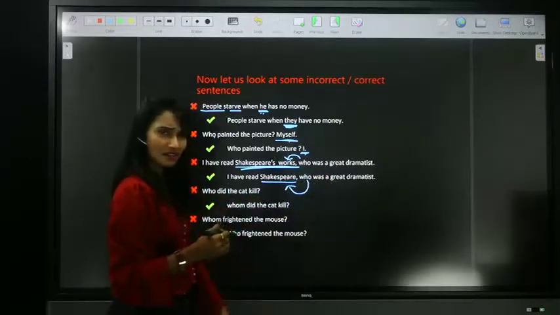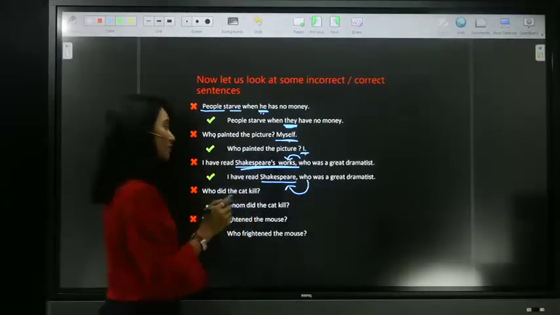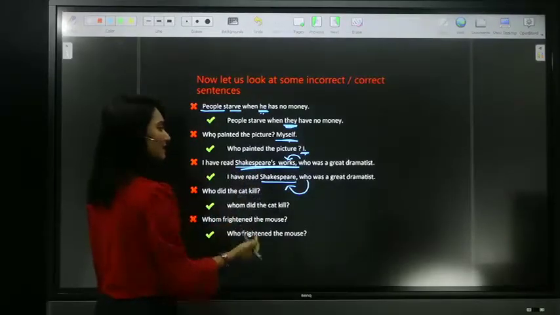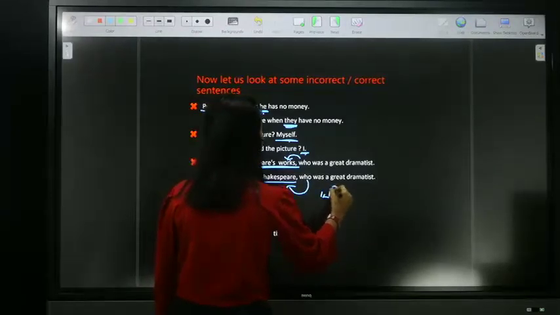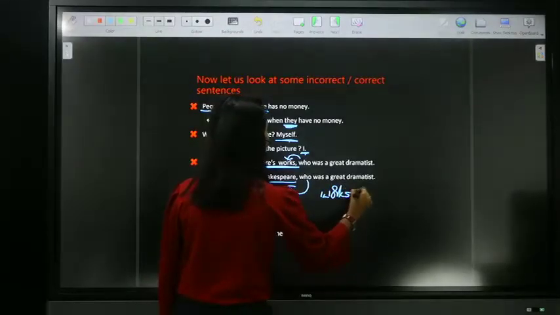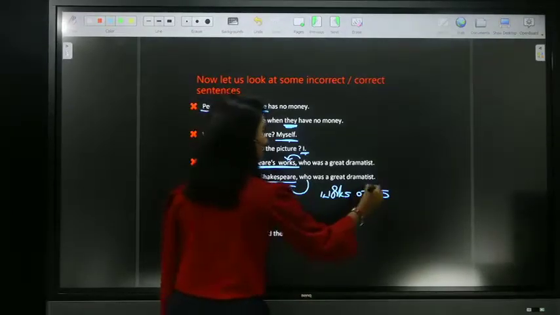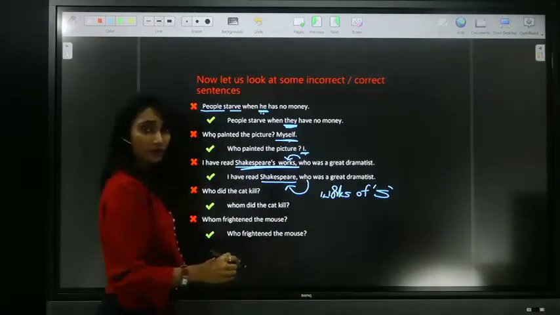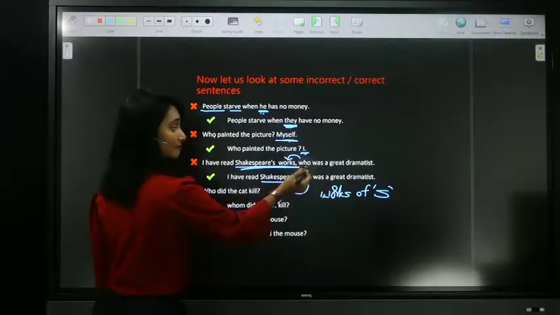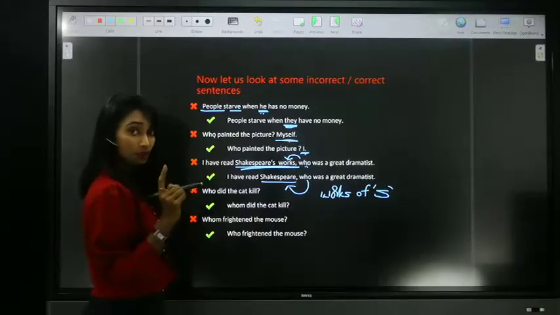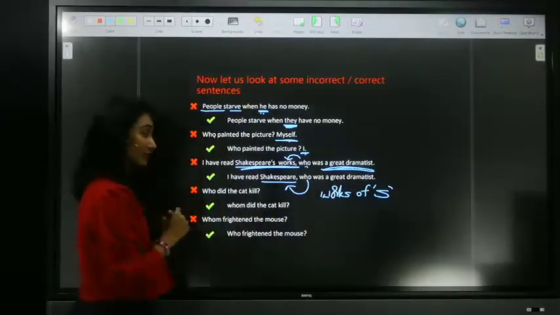Works was a great dramatist. Who is the great dramatist? Shakespeare. So you can write the sentence like this: I have read Shakespeare, or I have read works of Mr. Shakespeare, or I have read books of Shakespeare. Not like the first one, because the relative pronoun's subject must be appropriately placed.